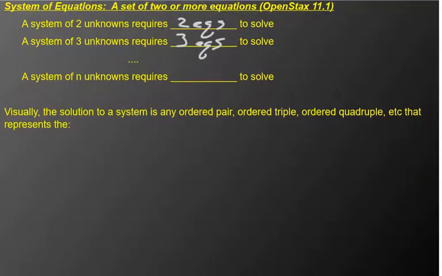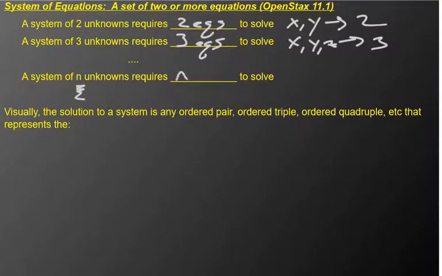If you have x and y in the last problem, we need two equations. But if we have x, y, and z, you need three equations to solve that. And a system of n unknowns would require n equations. And the answer is always the point.